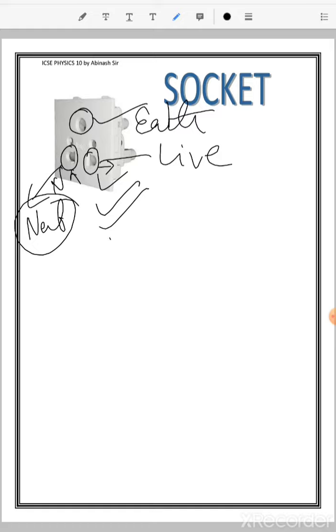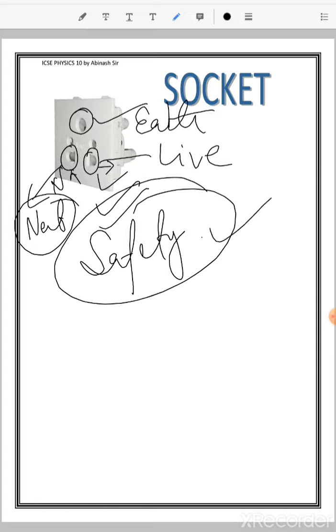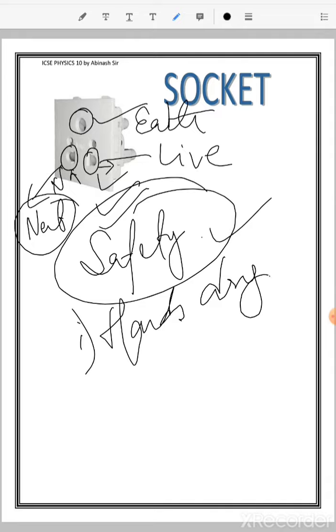Now you have to follow some safety precautions when you are using plugs and sockets. While inserting the plug into the socket, two precautions have to be taken. Number one is your hands must be dry, because when your hand is wet, it may make a conducting layer between the socket and the hand, and you may get current.